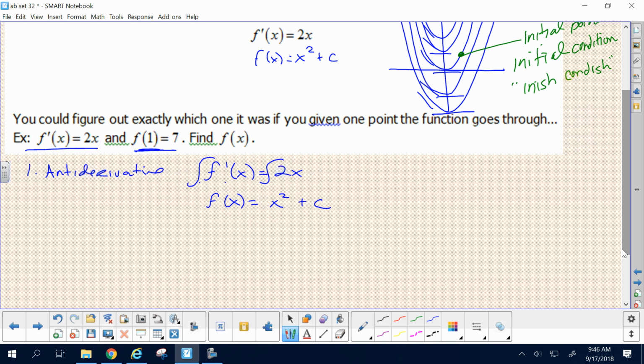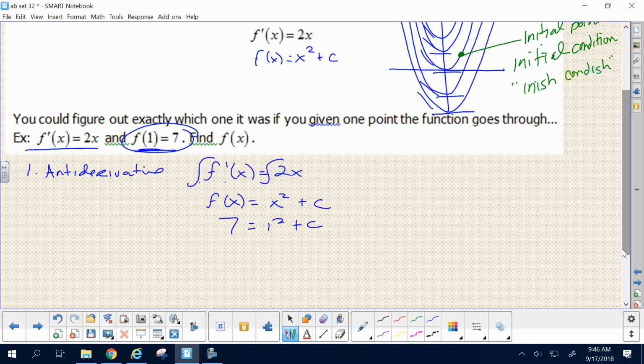All right? Now to find that c, we have 3 unknowns there. To find that c, we need 2 of those things given. They're giving us that the function is 7 when x is 1. So where does the 1 go? Where does the 7 go? Is the 7 the function value or the x value? That's the function value. X is 1.